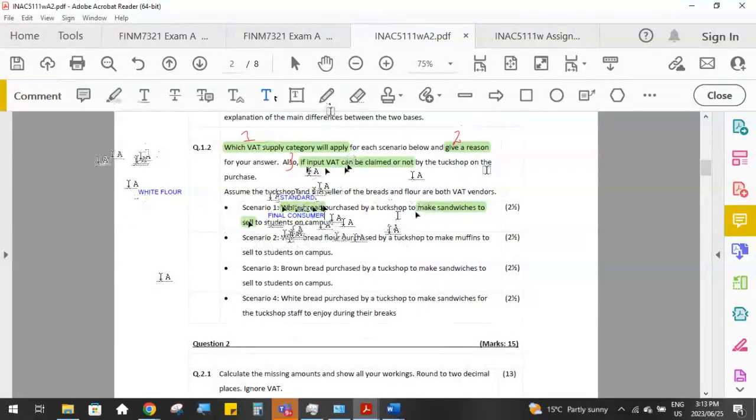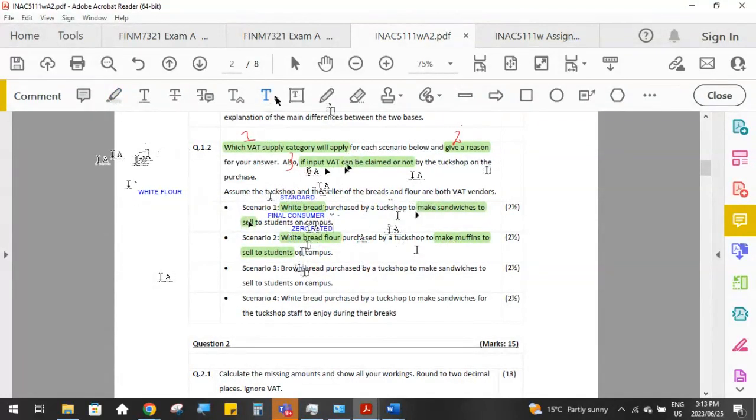Then scenario 2, this is white bread flour. So white bread and white bread flour are two different things. The flour was purchased by the tuck shop and they're going to make muffins also to sell to students on campus. So this is slightly different in that white bread flour is currently a zero rated item.